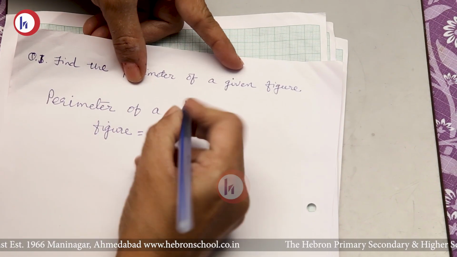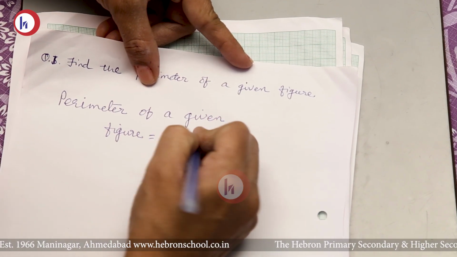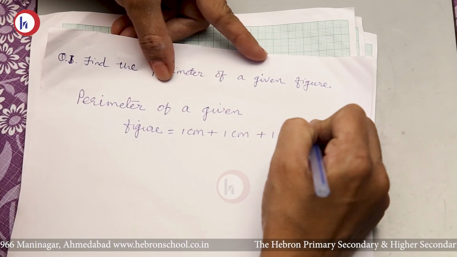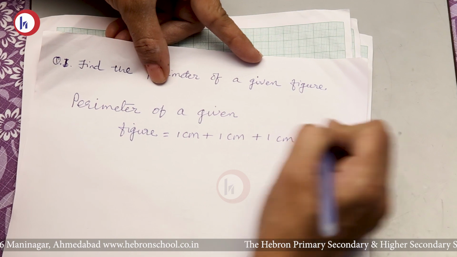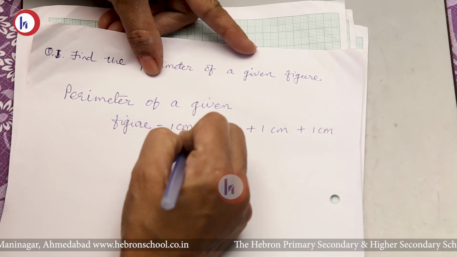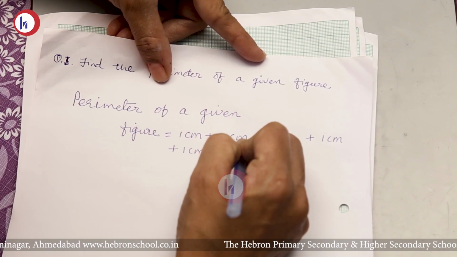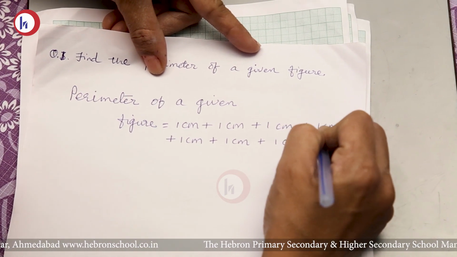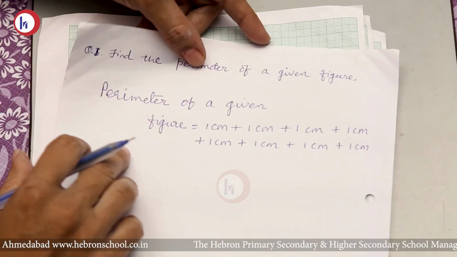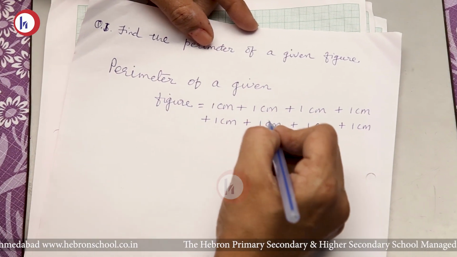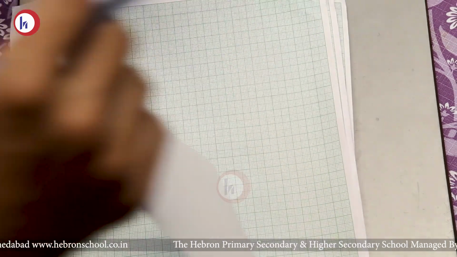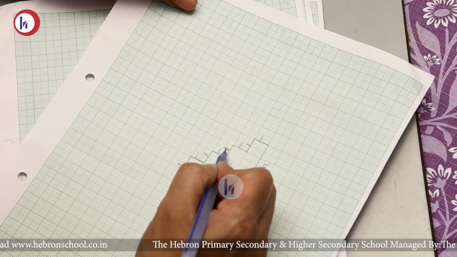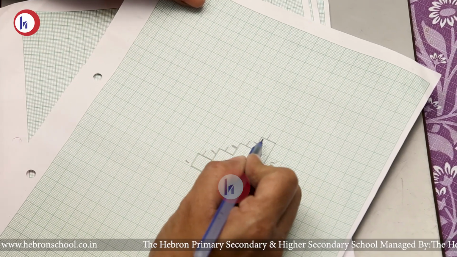That means 1 centimeter plus 1 centimeter, and so on, eight times. Again we have to check how many times we did. 1, 2, 3, 4, 5, 6, 7 and 8.